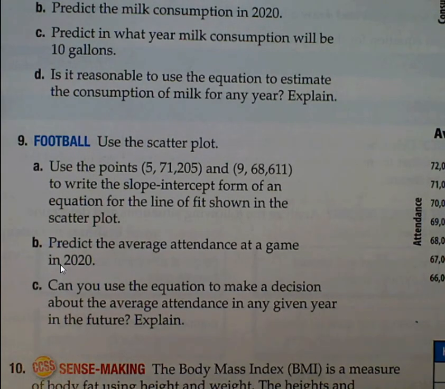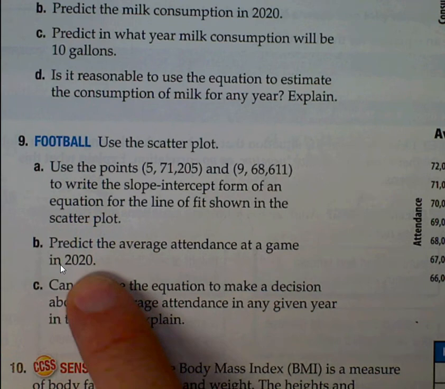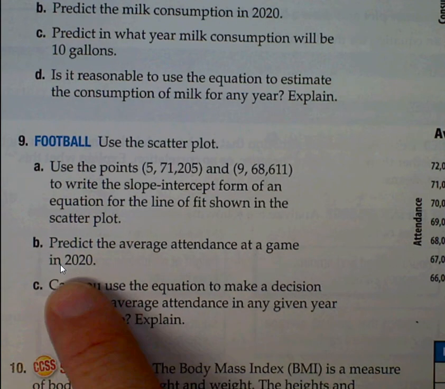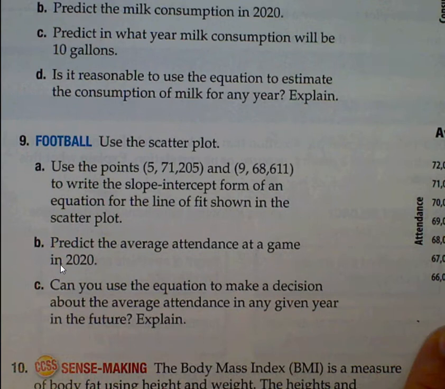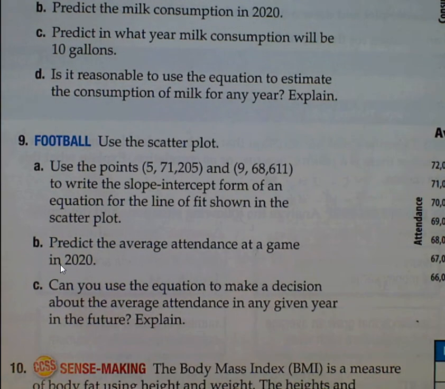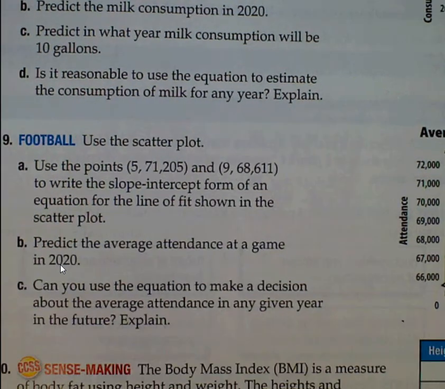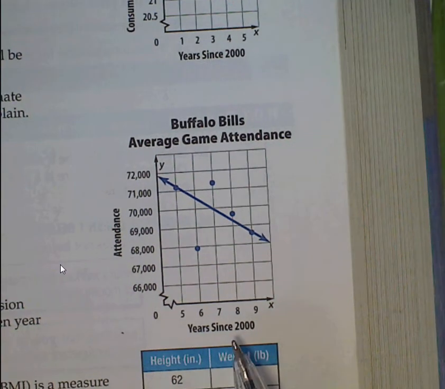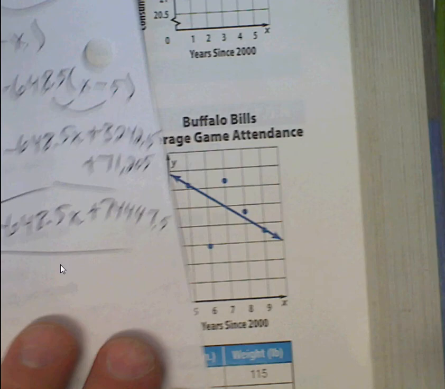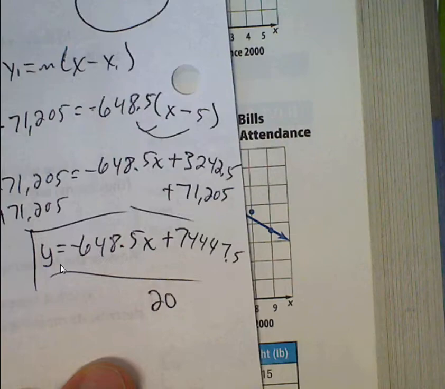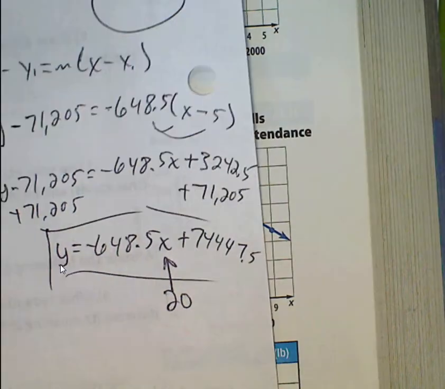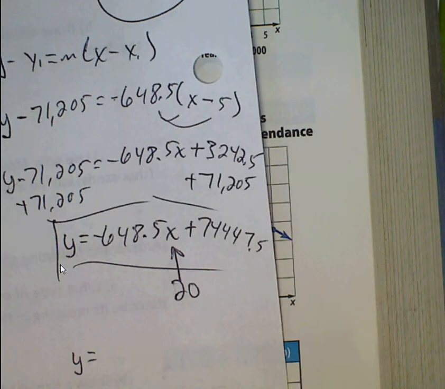Letter B says, predict the milk consumption in 2020. Sorry, I'm on the wrong one. It says predict the average attendance at a game in 2020. It says years since 2000, so 2020 would be 20 years. X stands for years, so I'm going to take my 20 and plug it in. So I get y equals negative 648.5 times 20.